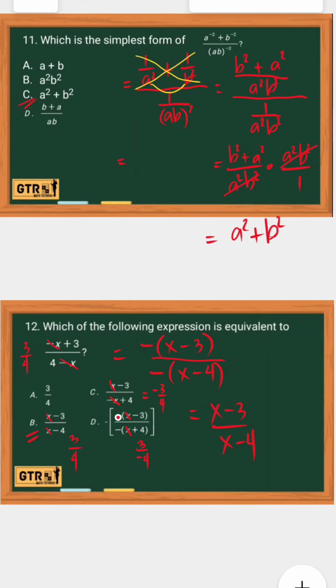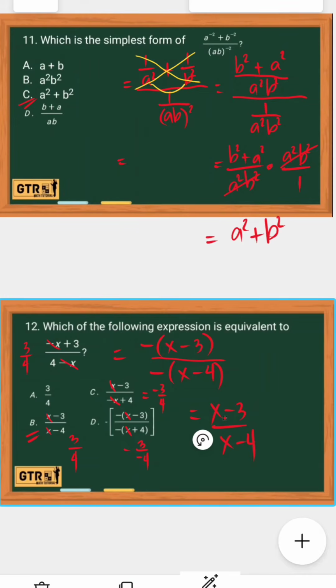So ito ay negative over negative 3, positive 3. May negative pa dito, so same din, 3/4 din. Pero naka-simplify dapat. Pag naka-simplify, ito yung tamang sagot, 3/4. So letter B yung answer dito, x minus 3 over x minus 4, kasi komplikado pa tong letter D. Okay? So yun yung isa pang shortcut kapag nagso-solve ng ganitong type ng problem.